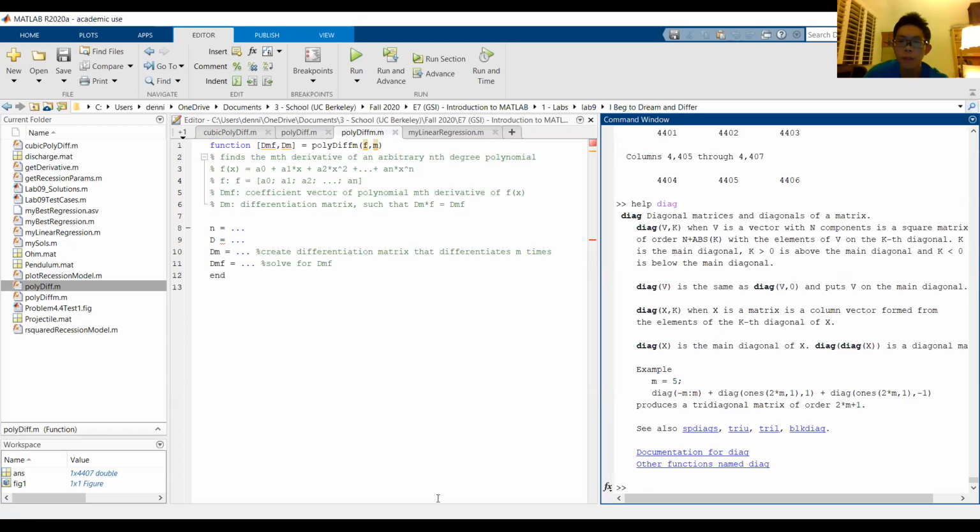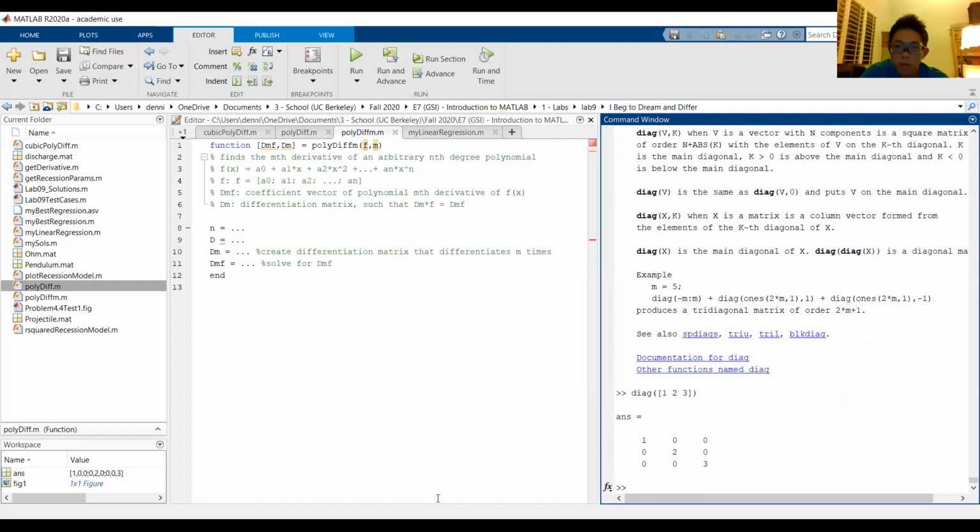I think this should work, hold on, I want to try something. 1, 2, 3. Okay, you can do that. You can use the diag function. That's exactly what you need for this.